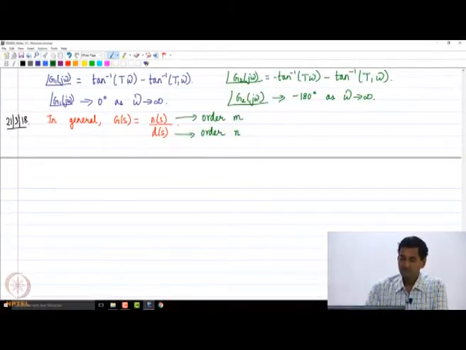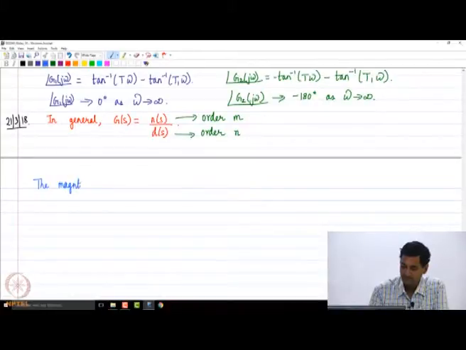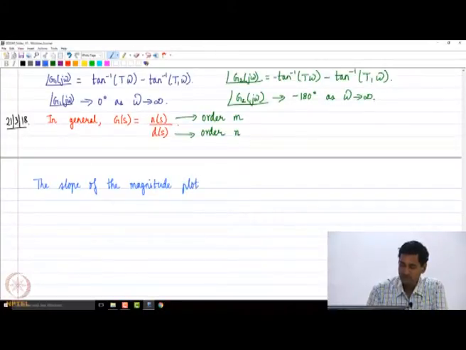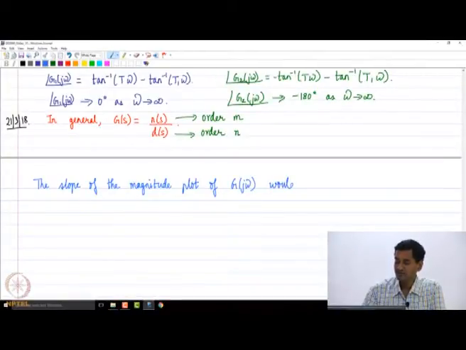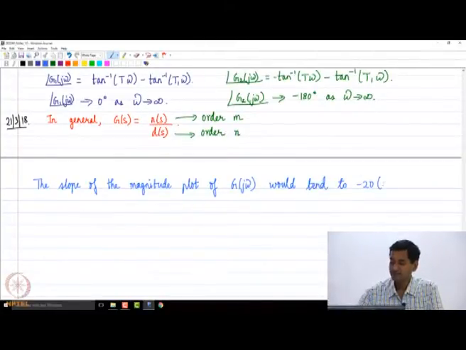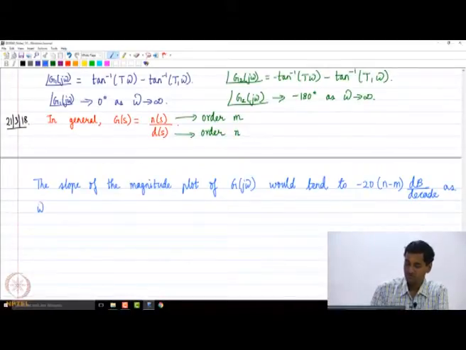Okay. So, if we look at this transfer function, we will see that the magnitude, or to be more accurate, the slope of the magnitude plot of G(j omega) would tend to minus 20 times (n minus m) decibels per decade, as omega tends to infinity.